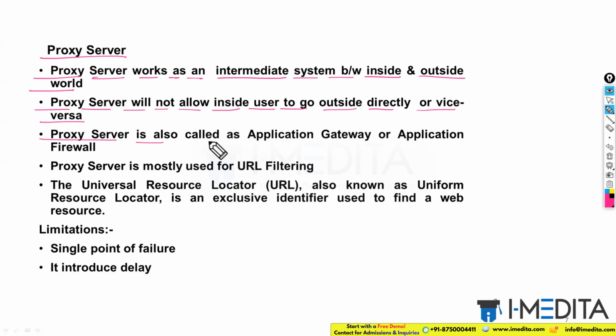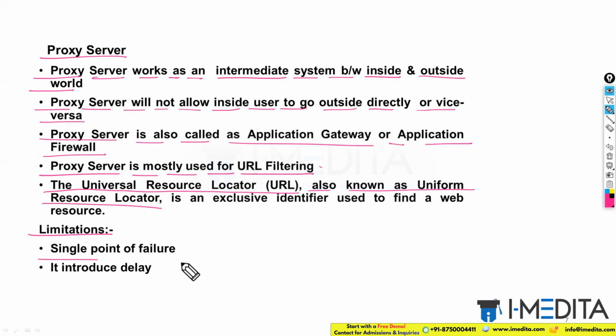Proxy server is also called application gateway or application firewall. Proxy server is mostly used for URL filtering. URL stands for universal resource locator or uniform resource locator.